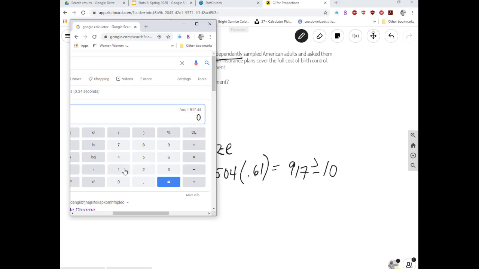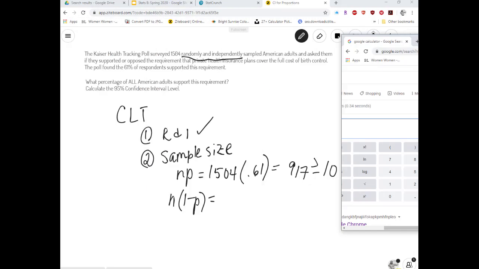So my number was 1,504 people in the sample, and I'm going to multiply that by 1 minus 0.61, equals, and I'm going to round that up to 587.